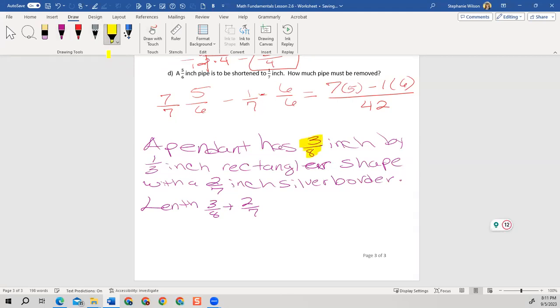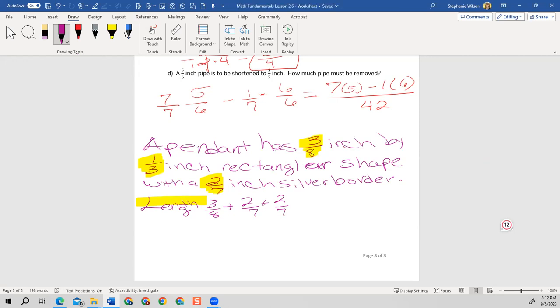We have 3/8, we have 1/3, and we have 2/7 here. So we have the dimensions of 3/8 by 1/3 inch rectangular shape, and then we have the silver border of 2/7. When we find the length here, I'm going to take the 3/8, but we also have this silver border of 2/7, so I'm going to add those two together.